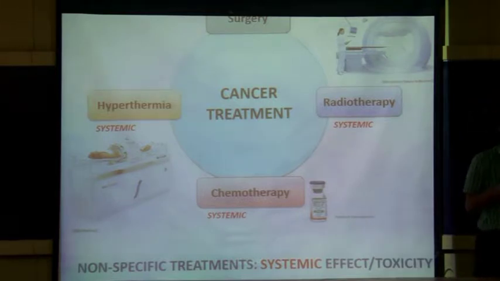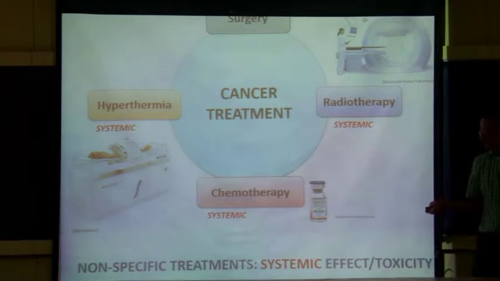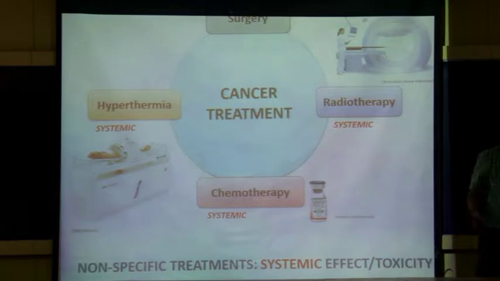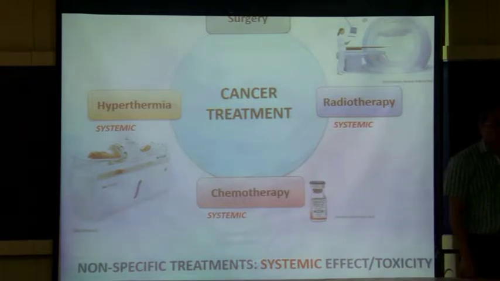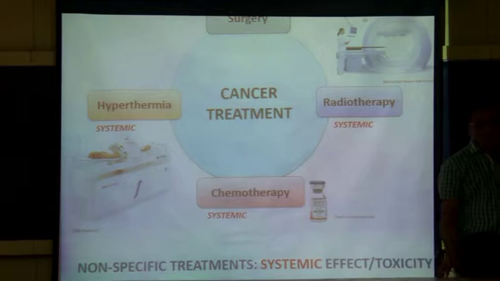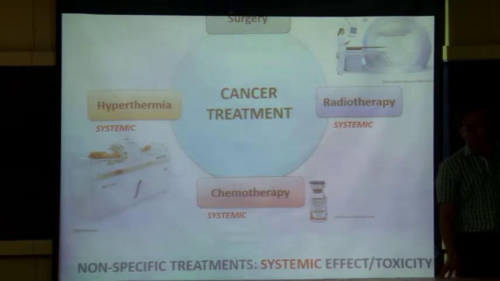So, what you want is a method which can avoid this systemic effect. That is, it can only go to the site of the disease, in the concentration required for the disease treatment, and it should be released when you want, in the dosage you want.